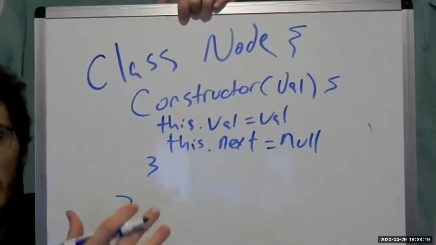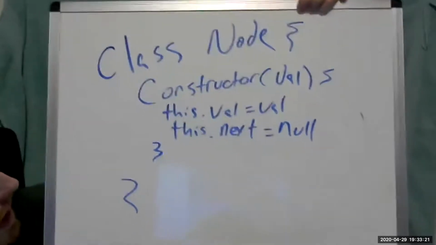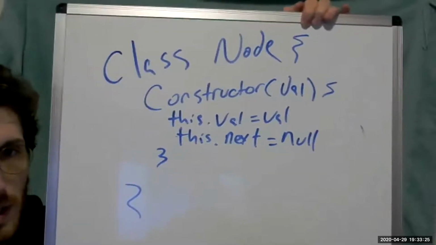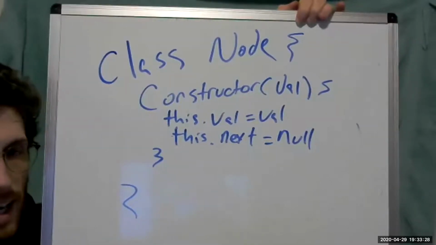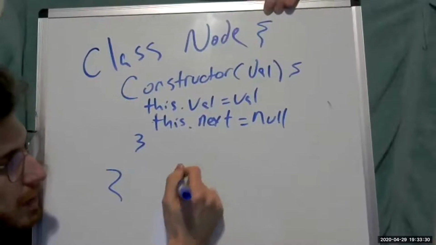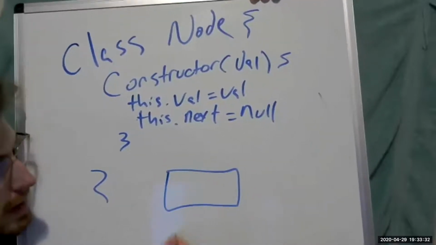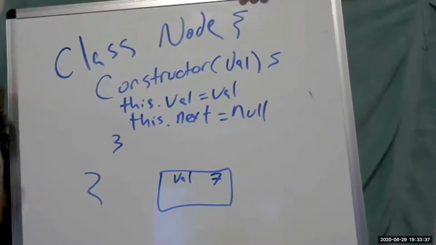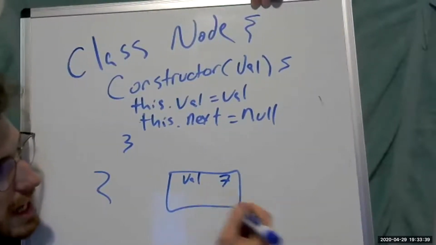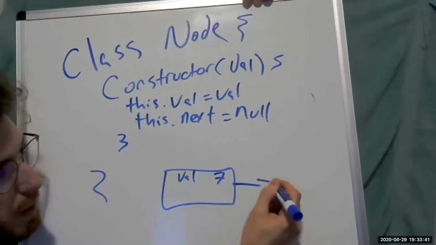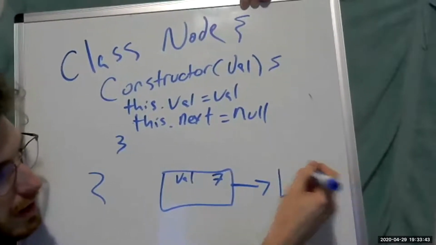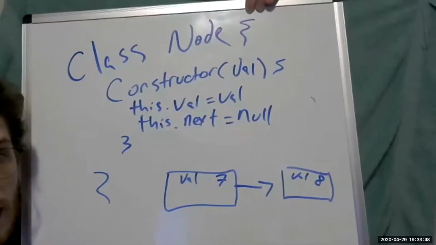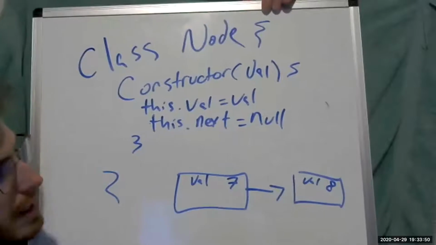Okay, so that's all a node is. And the linked list class is essentially something that wraps around this and connects it. So we can have a node here that has a val of, let's say, 7. And it just has this next property that's going to point to another node that maybe has a val of 8 or something. Right, and that's all it is.